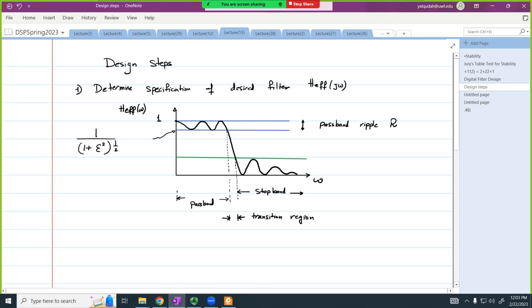And we're going to refer to it as R. And this point here is going to equal 1 over A, where A is a measure of the acceptable attenuation. So this is 1 over the square root of 1 plus epsilon squared, and this point here is 1 over A. Now we're also going to define this frequency here, and we're going to call it omega cutoff.